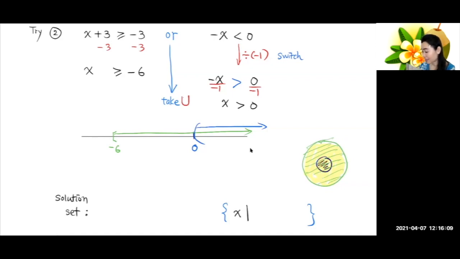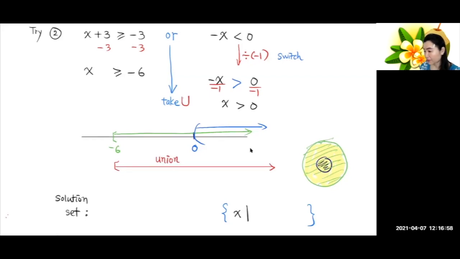When you put them together, the green part already covers this part right here. So when you union them together, you just get the green part. You don't need to put down union 0 to infinity. Basically the union will be from here all the way to infinity. That's the union of the two sets.